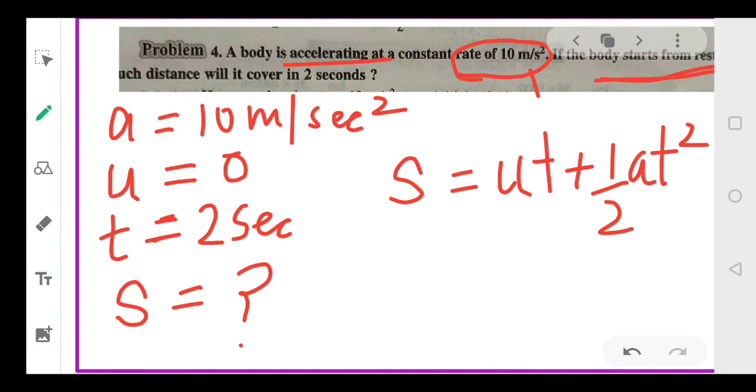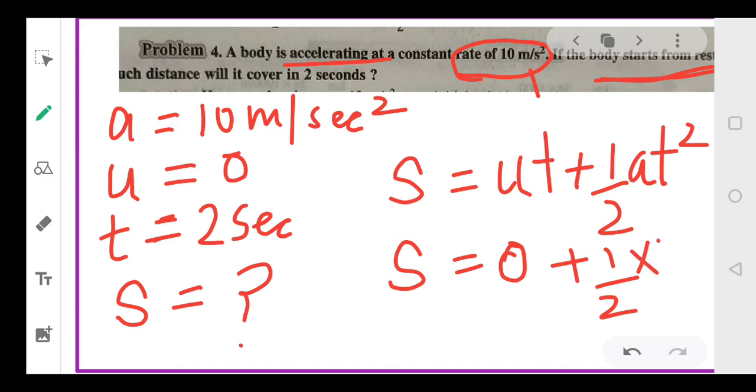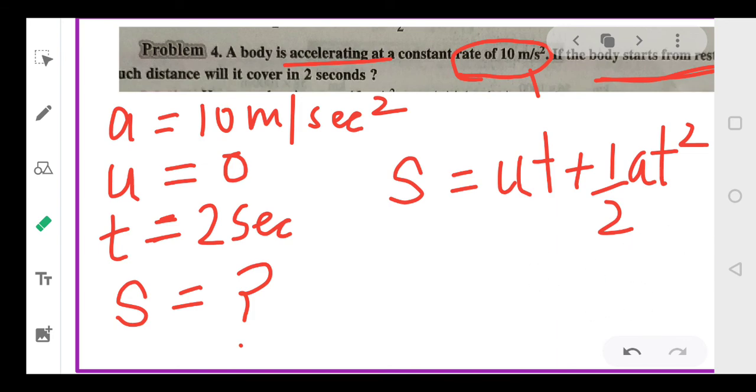So put the values. U is 0, so this term will become 0 plus half into 10 into 2 into 2. Let's write it again. So S is equal to 0 plus half A. What is A? 10. Now T square. T is 2.